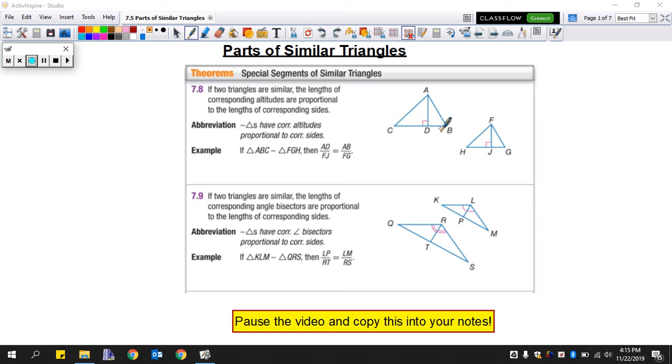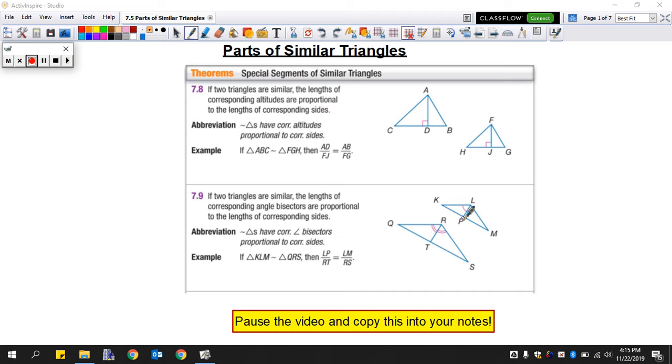Then you might say, what are the angle bisectors? Well, an angle bisector is simply the line that goes from one side to the angle that's opposite of it, and it splits that opposite angle exactly in half.